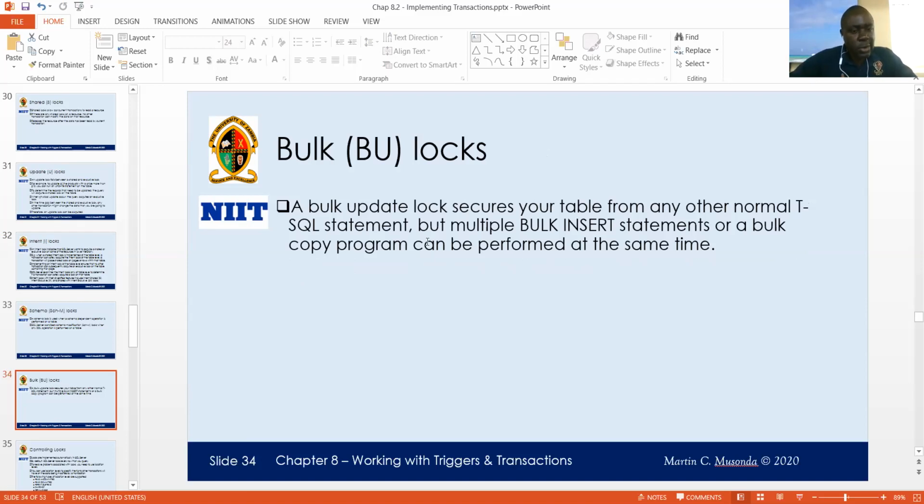It will protect your objects from any of them, except multiple bulk insert statements or a bulk copy program can be performed at the same time.